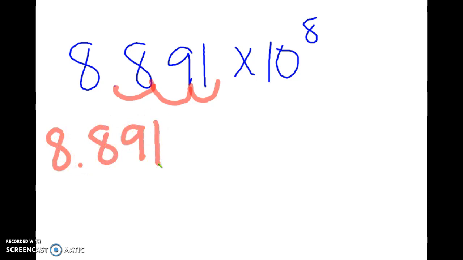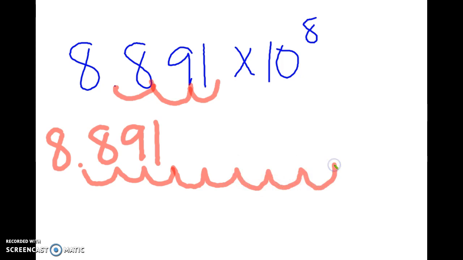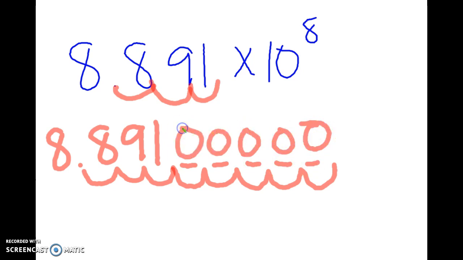Let's move it 8 spots together. 1, 2, 3, 4, 5, 6, 7, 8. And in each one of those loops, I need to add another 0. So based on this problem, what this is telling us is there were a total of 889,100,000 pets in the United States in 2007.